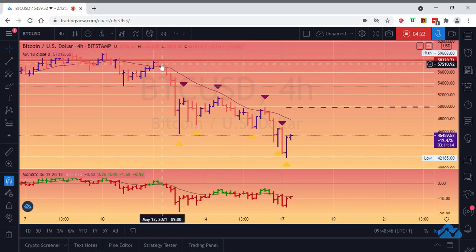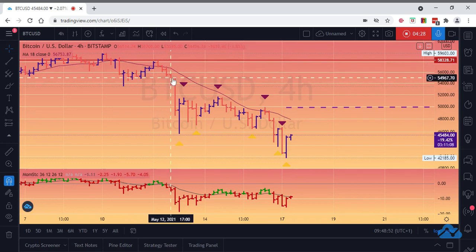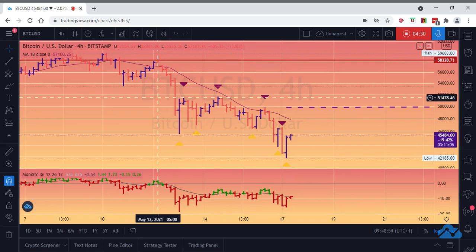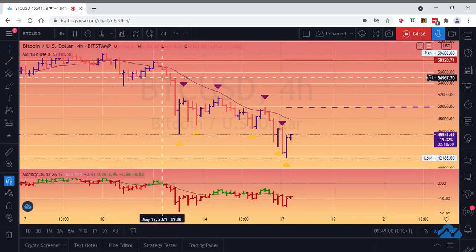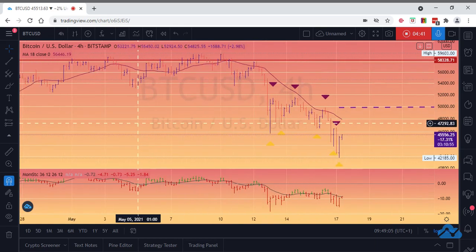How would you do the next lower high after this? It's not this, is it? It's not this. It's not that. Oh, that one, isn't it? Yeah. Okay.